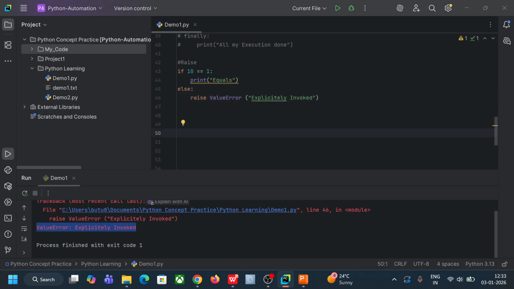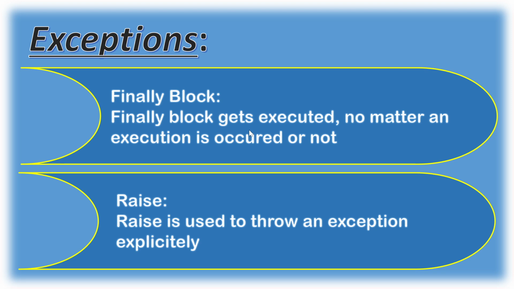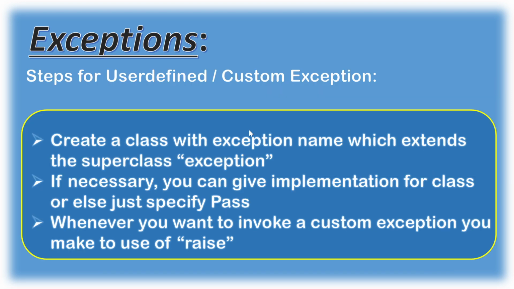So let's go back to our slide. Whatever we have studied so far, all these are the predefined exceptions. Now we are going to learn about user defined or custom exceptions. How can we define an exception explicitly, or how can we create a custom exception?